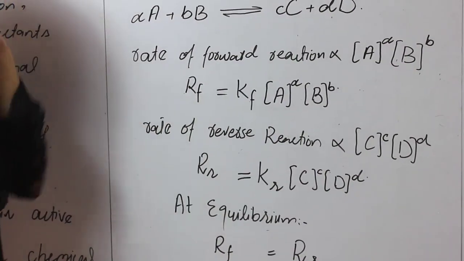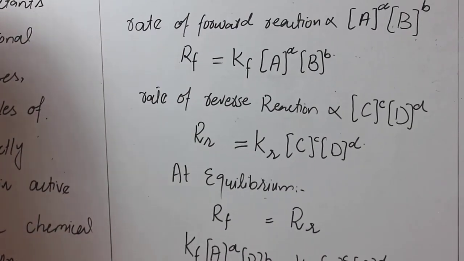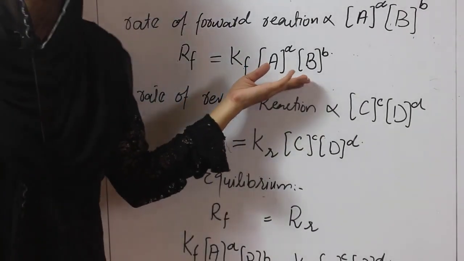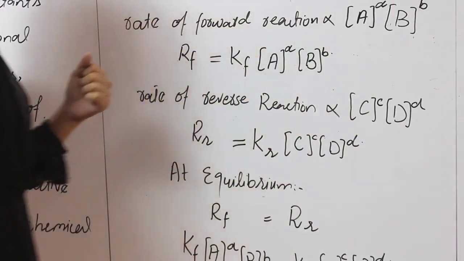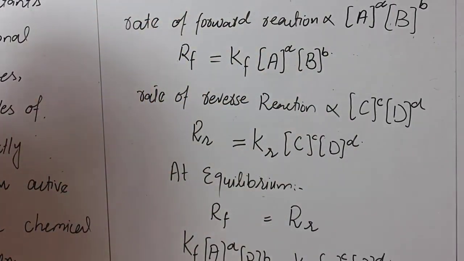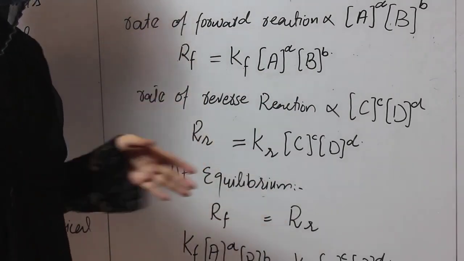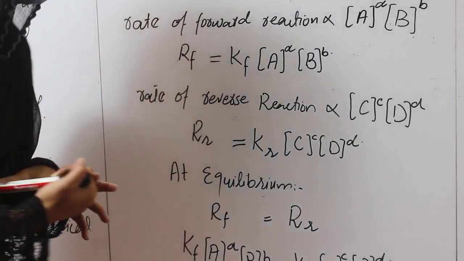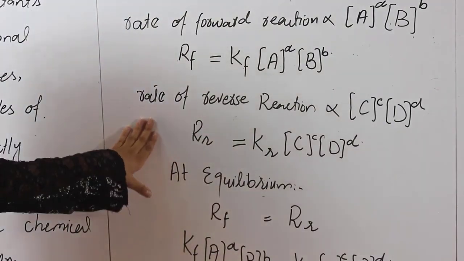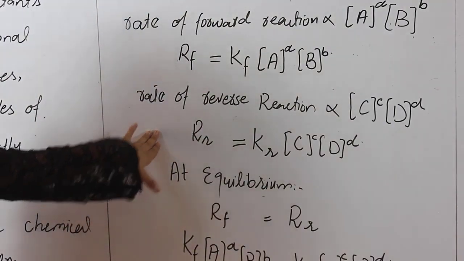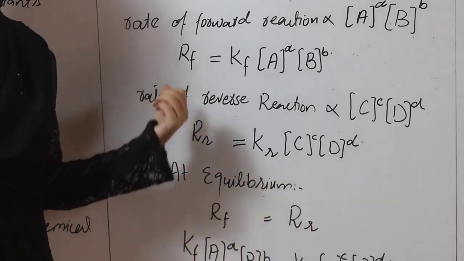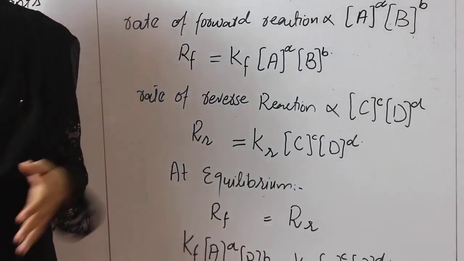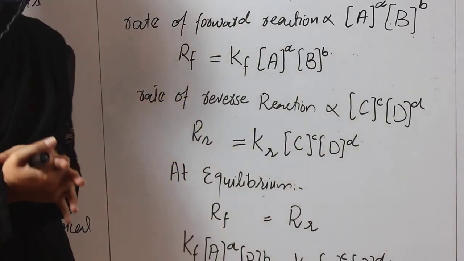The rate of the forward reaction is equal to the constant of the forward reaction times the active masses of the reactants raised to their coefficients. Similarly for the reverse reaction, the rate of the reverse reaction is directly proportional to the active masses of the products raised to their coefficients. Again we change the proportionality sign to an equal sign and introduce a new constant, Kr, because it is the reverse reaction.